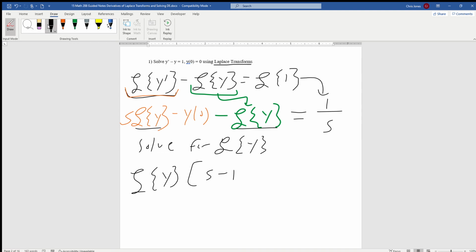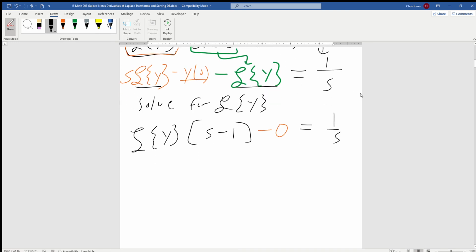And then also this y at 0, well, notice that we said y at 0 is equal to 0. And then finally, on the right-hand side, we still have 1 over s. If we solve for L of y, it is going to be equal to 1 over s times s minus 1. All right. So now we've solved for L of y.